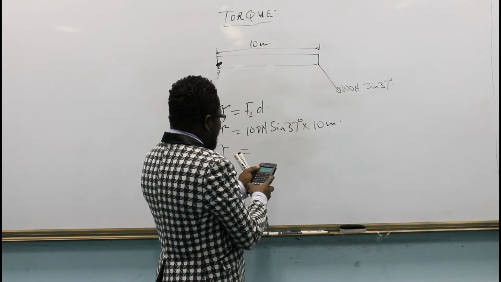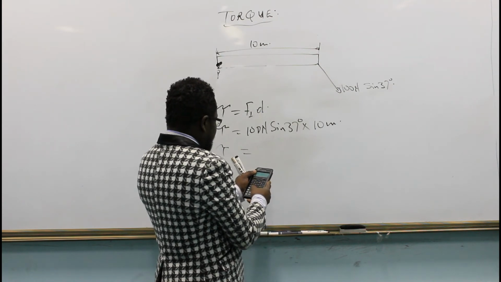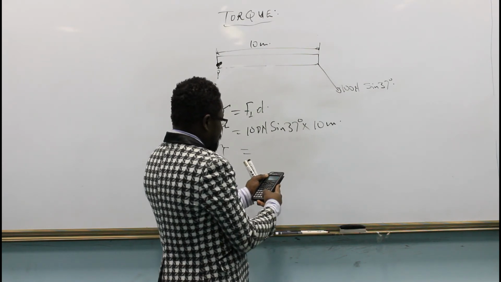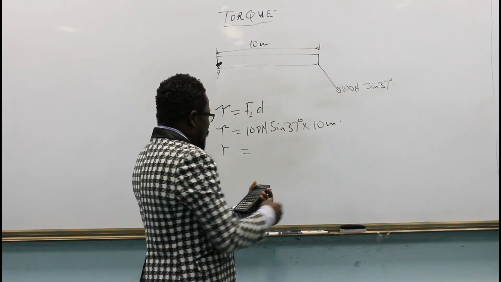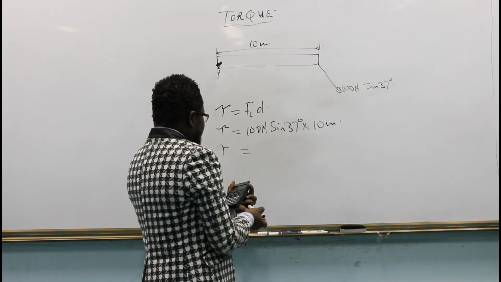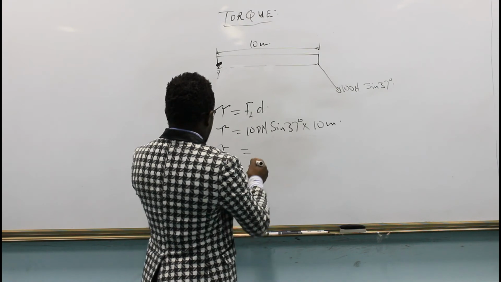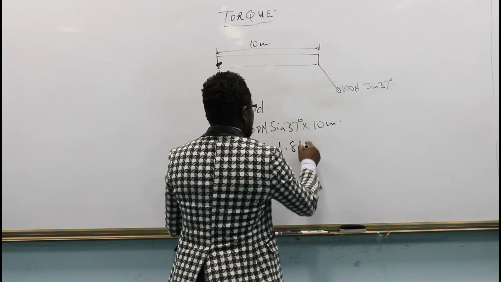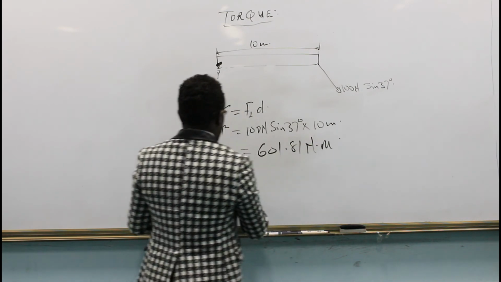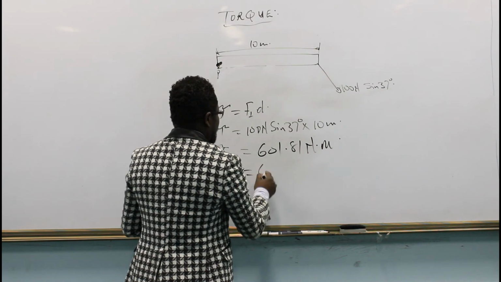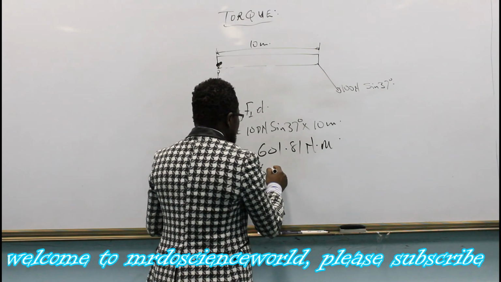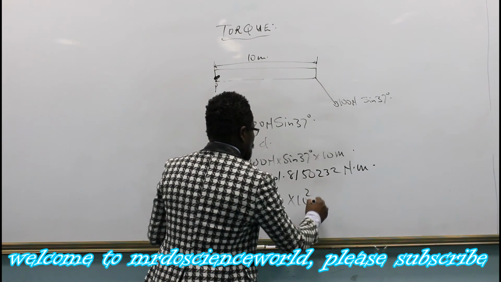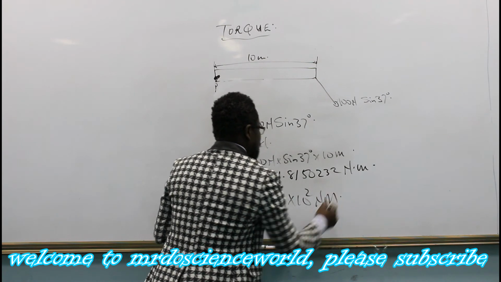This is 100 multiplied by sine 37 degrees multiplied by 10 meters. And once we do this, we are getting our torque here to be 601.81 Newton meters, which is simply 6.0 multiplied by 10 exponent 2 Newton meters.